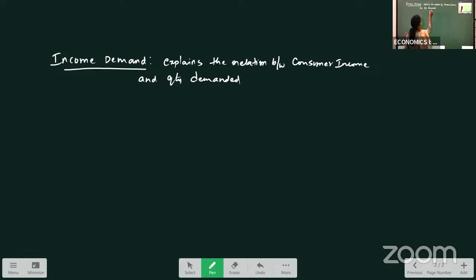You can write it as quantity of X is a functional relation of the income of the consumer. Here Q is the quantity, whereas Y is the income of the consumer.